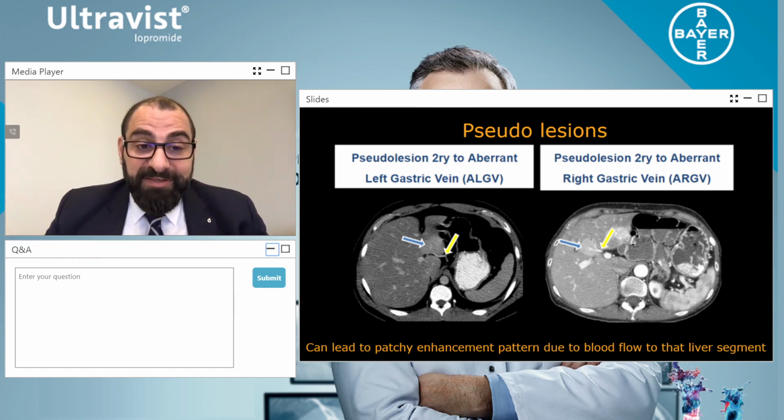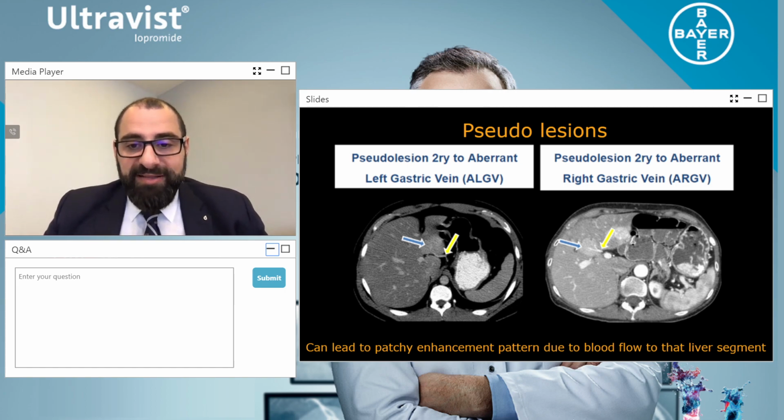MRI is a problem because if you don't use Primovist, which is a liver-specific or hepatobiliary-specific agent, then any other gadolinium just won't make it. So you can't say whether CT is better than MRI. Let me ask you the question: which contrast media is better for liver imaging and detecting lesions? That's the question you should be asking yourself. And that is a fantastic question.